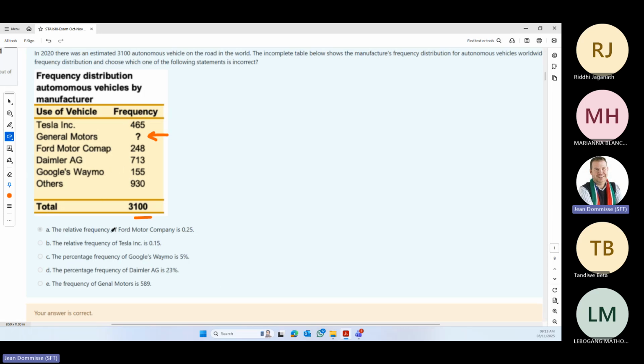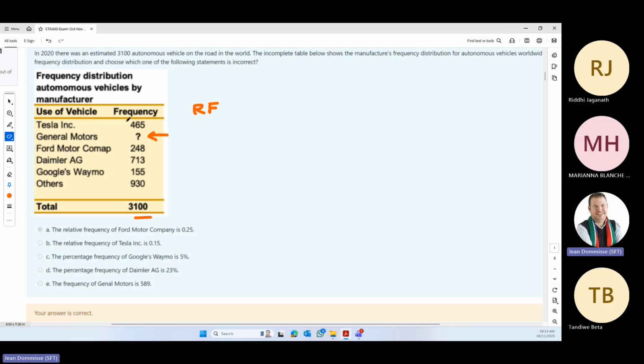Okay, so relative frequency we will also need to work out. So let's first see if there's anywhere frequencies that we need to do. Then that's for relative. Okay.